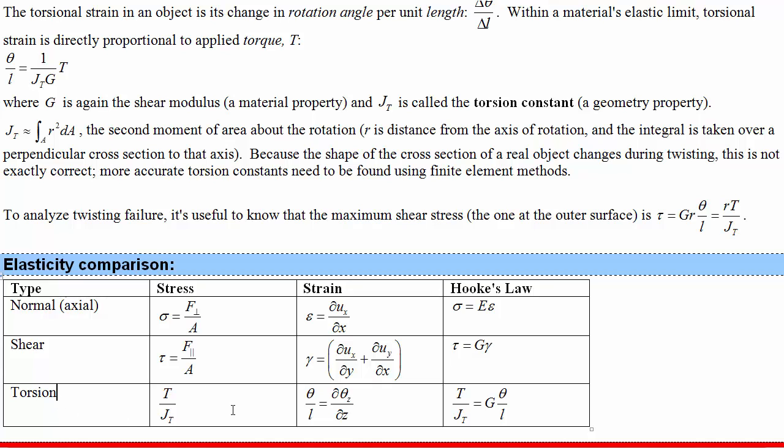Now in torsion, the torsional stress, you could say, is the torque divided by the second moment of area. The strain is the change in angle per unit length. So now stress and strain don't have units of pascals and unitless.